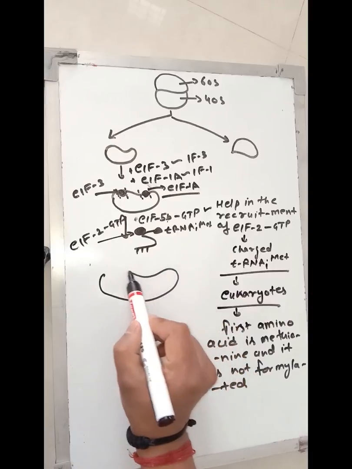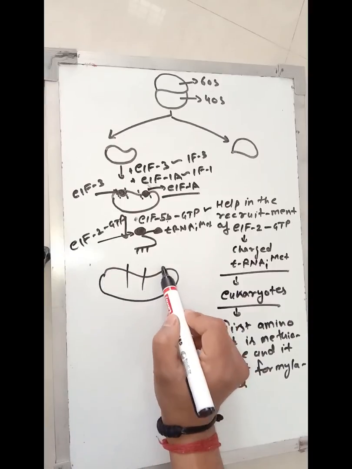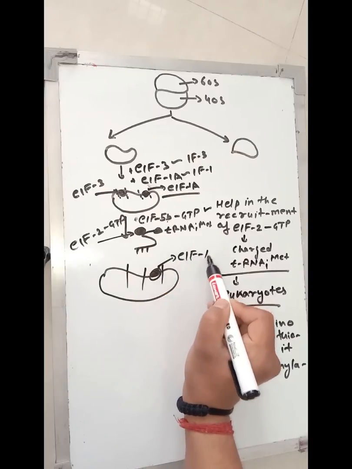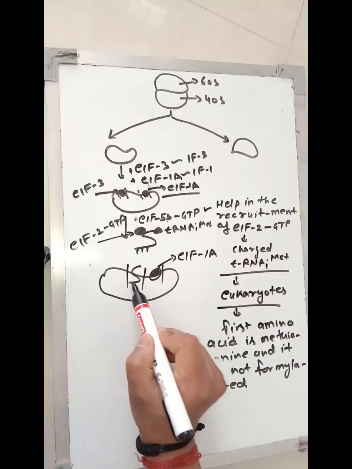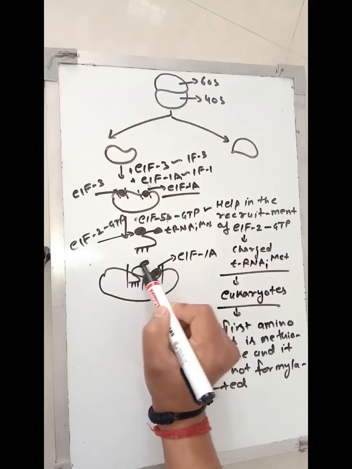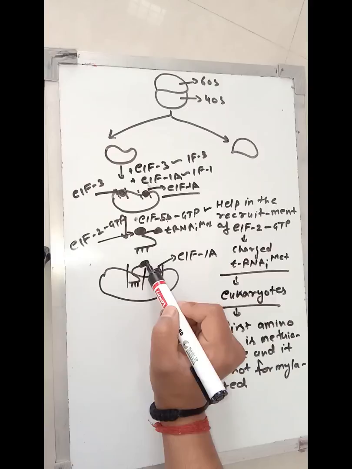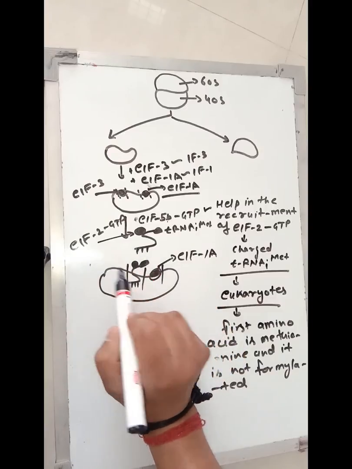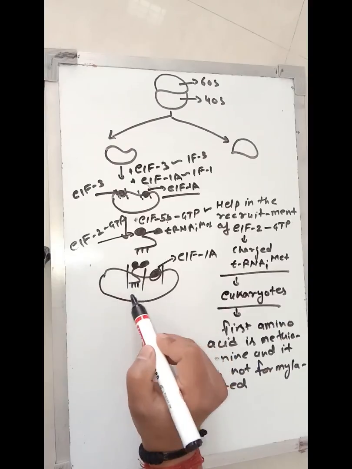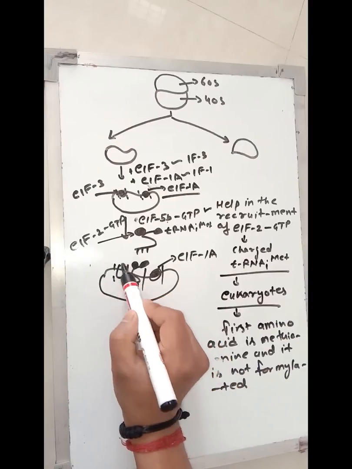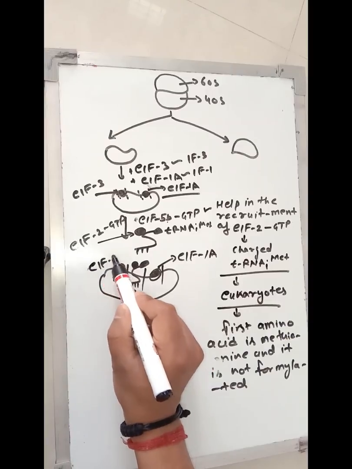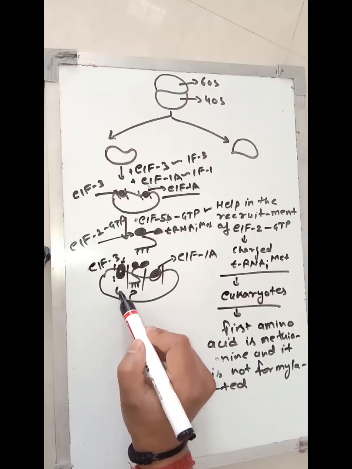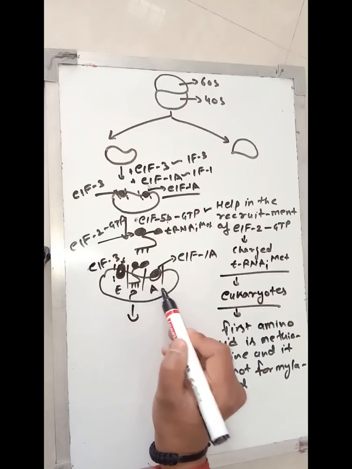Now here we can see EIF1A, and here the tRNA comes with the labeled amino acid, and a factor that will bring this charged tRNA to the site, that site becomes the P site. And here there is a factor EIF3. Now this side becomes the E site, this side the P site, this side the A site.